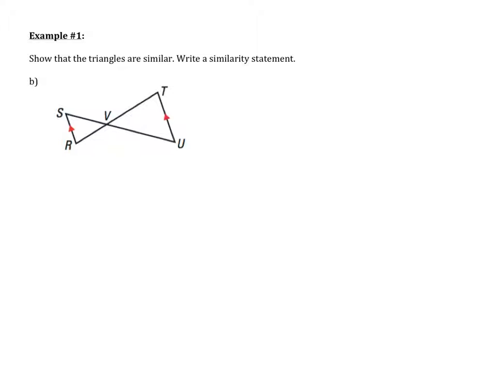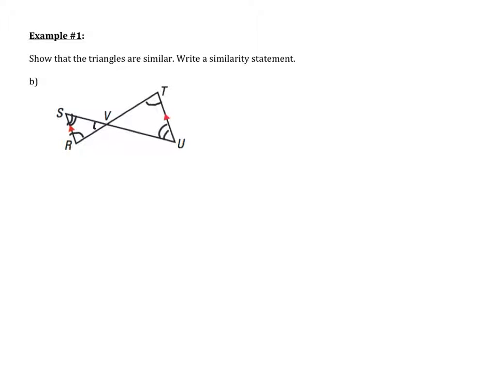We can show that angle T would be congruent to angle R because of alternate interior angles, but we can also show that angle S would be congruent to angle U because of alternate interior angles. We could also show that this angle is congruent to this angle because we have two lines that are intersecting, and these two angles are across from each other. So if you remember that, those are called vertical angles.